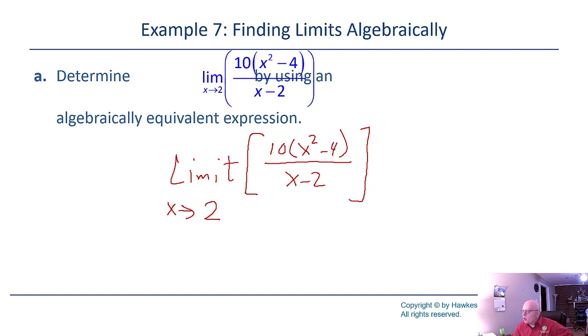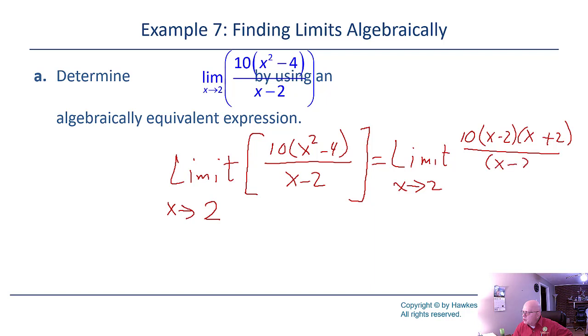However, when you have a rational expression like this, try to simplify it. We keep this limit, with x approaching 2, and the x squared minus 4 factors into x minus 2 times x plus 2, over x minus 2.